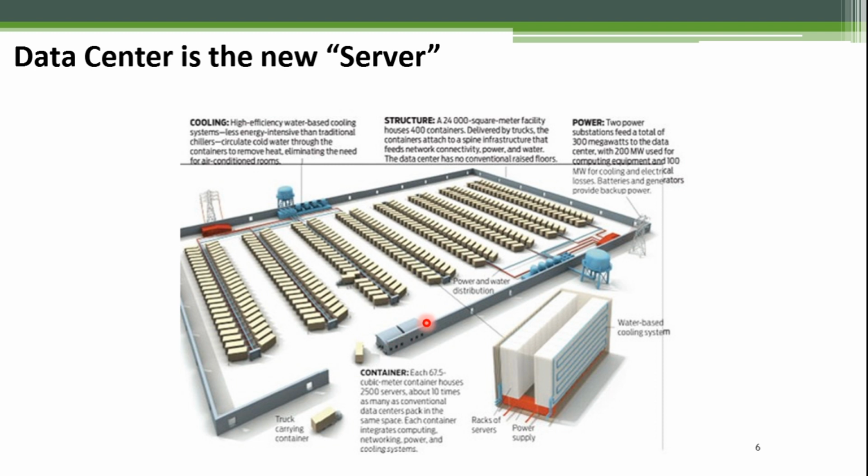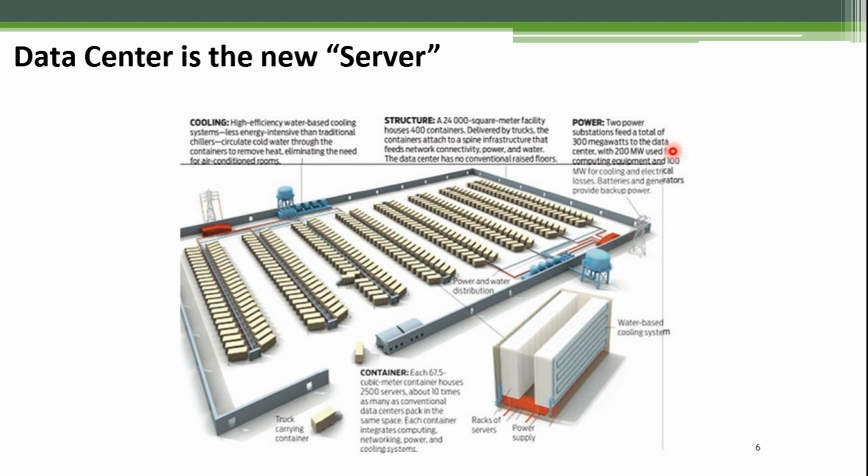Cooling is very important because such a huge load needs to be cooled. The systems you see here are supplying water to these data centers. These are water systems, and this is the cooling system showing how these servers are being cooled. So this is a water-based cooling system. Then power: there is a huge power requirement, around 300 megawatts. This is almost the supply of a grid, the power a whole city requires.